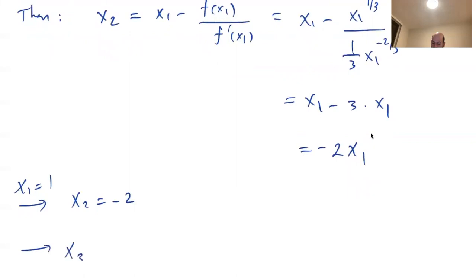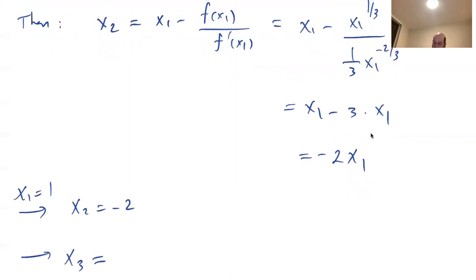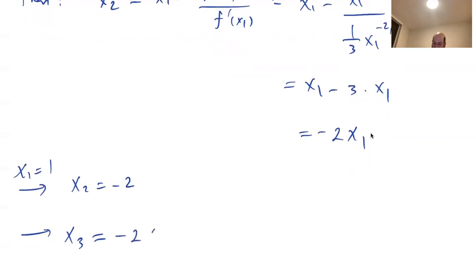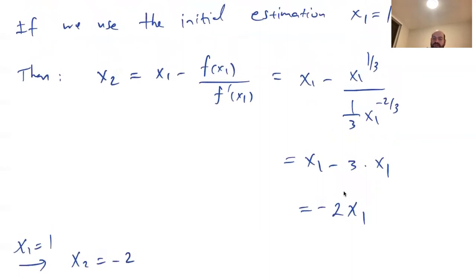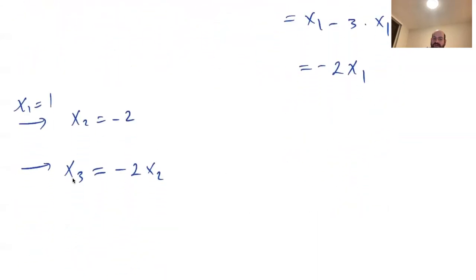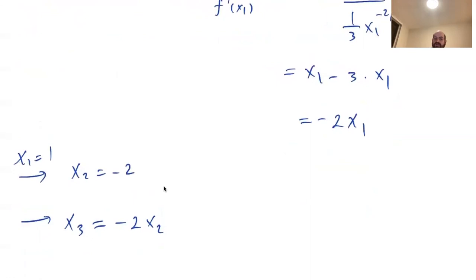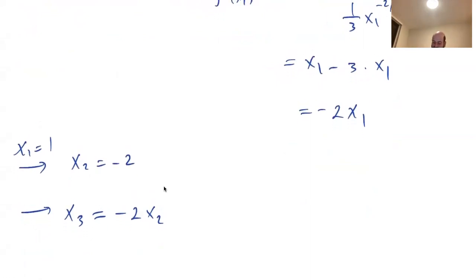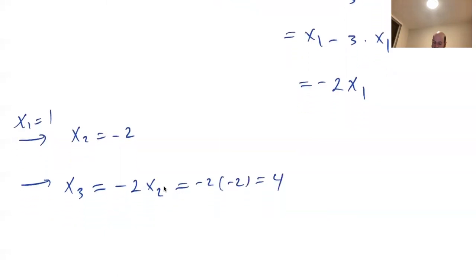And therefore x3 would be, similarly, minus 2x2, because the same calculation that we did here will hold for x3. So this was x2 in terms of x1. Similarly, x3 in terms of x2 would be minus 2x2. So if x2 is minus 2, that's going to be minus 2 times minus 2, which is 4. x4 would be minus 2 times that guy, minus 8. x5, minus 2 times that guy, 16.